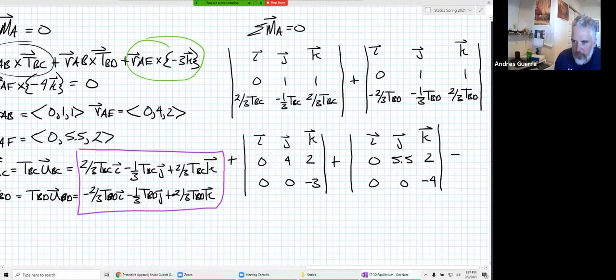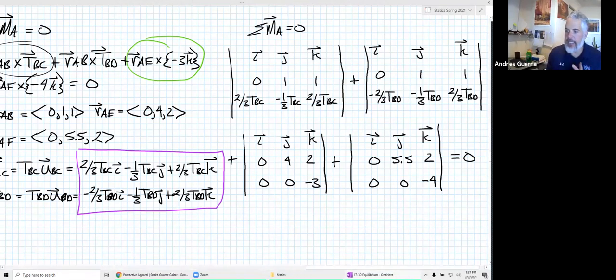And we're really saying, well, all this has to be equal to 0, because we know that for equilibrium, the moment about the x-axis, the y-axis, and the z-axis has to be equal to 0. So out of these 4 cross products, though, look at that. We have 2 unknowns, don't we?